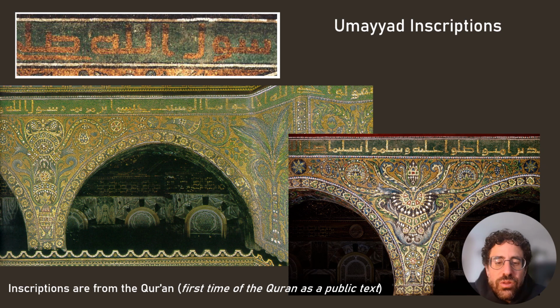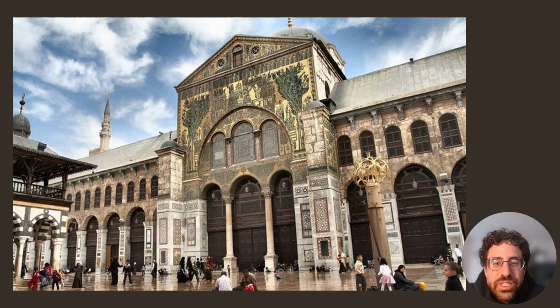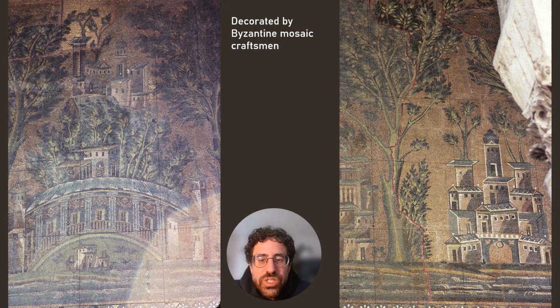So that's one vision, right? And we see this also in other places like the Umayyad Mosque in Damascus, which was built a few decades later by the son of Abd al-Malik, on the site of a former basilica, taking many of the same forms. It still looks essentially like a basilica. It's covered in beautiful mosaics made by Christian craftsmen in gold mosaic tiles.